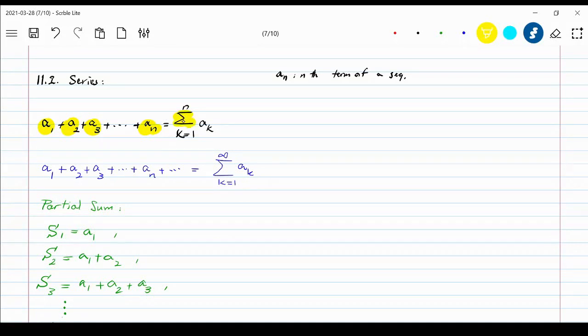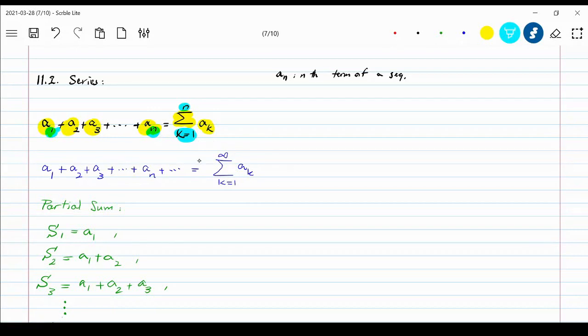The sigma represents summation. You probably have seen it before, of a_k, where the sub-indices start with 1 up to n. So this upper and lower sub-index tells you it starts from the first term up to the nth term, the sum of those terms of the sequence.